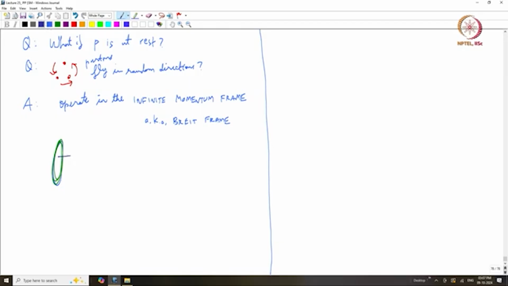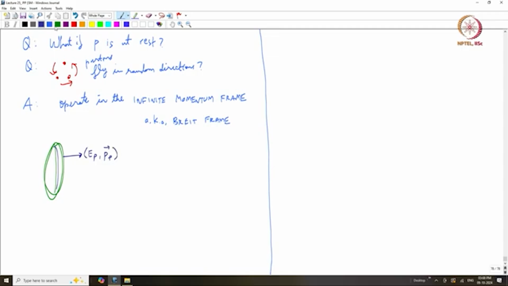And the proton carries, this arrow is supposed to start from the proton actually. So let me draw it again. This is the proton. The green is the proton, and the proton actually carries energy EP and momentum PP.